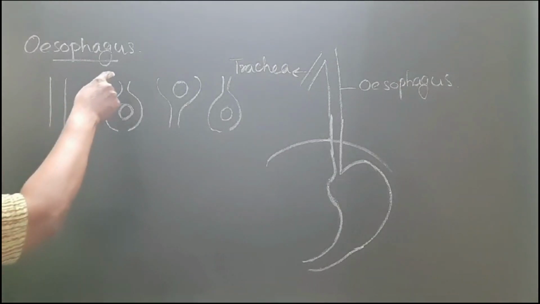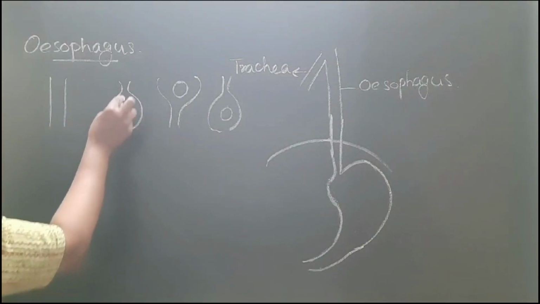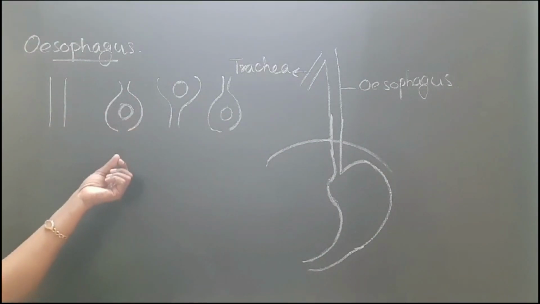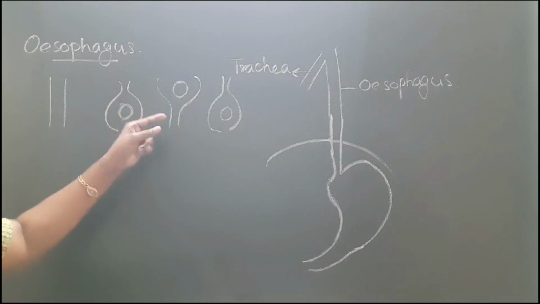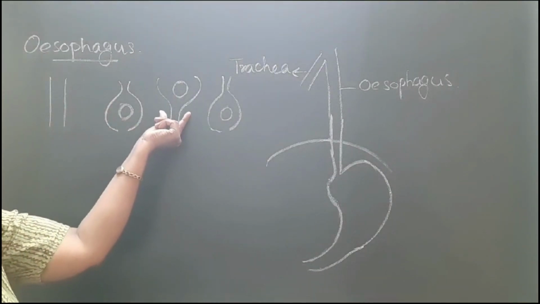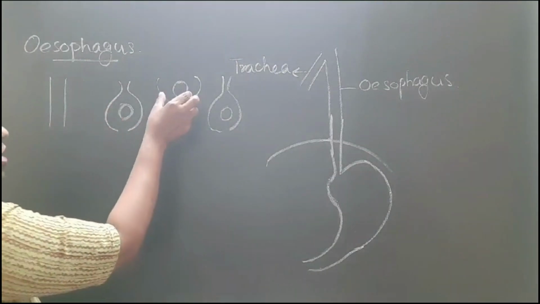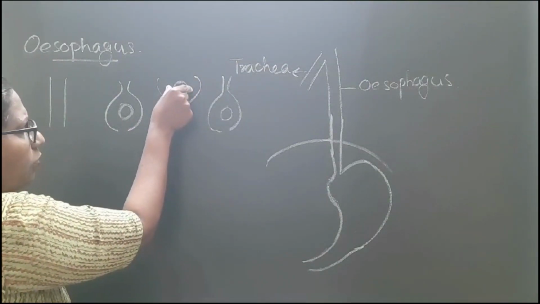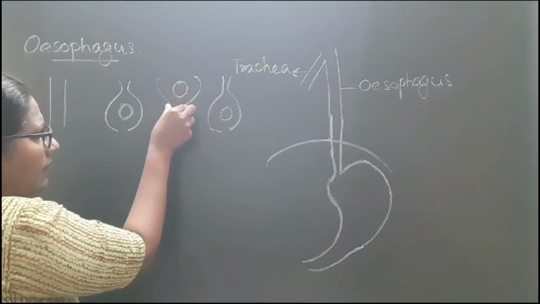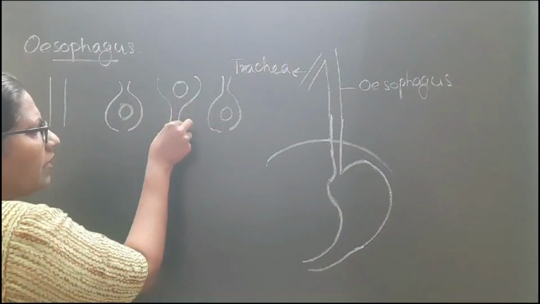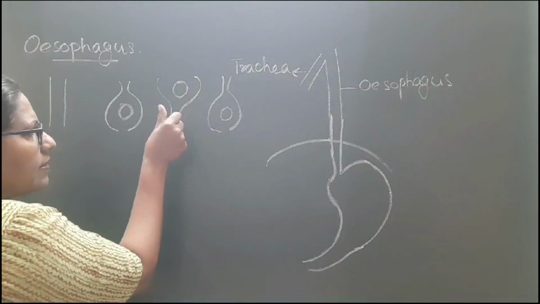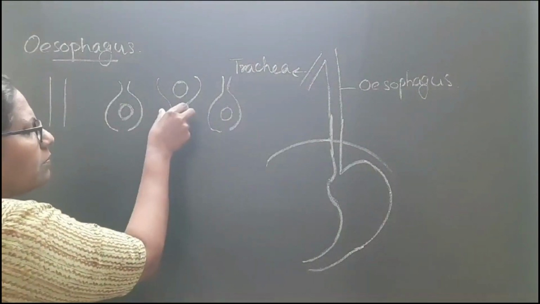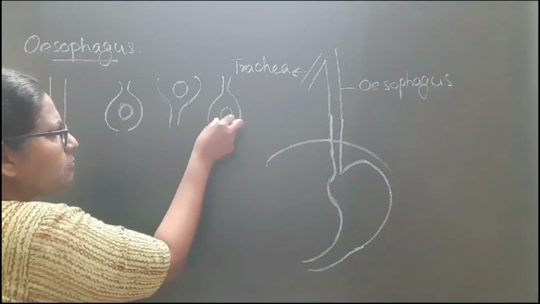When the food comes in, it expands. So food is here in the tube. It expands, and when the food is inside, it relaxes, and then the food moves on and the part below becomes narrow. It is constricted, and this movement is called peristaltic movement, and then it again expands.